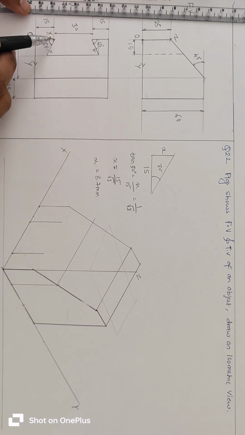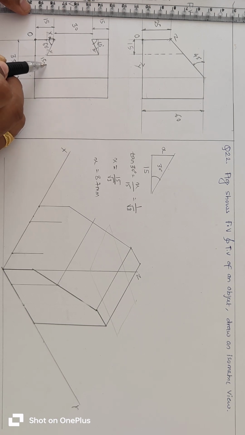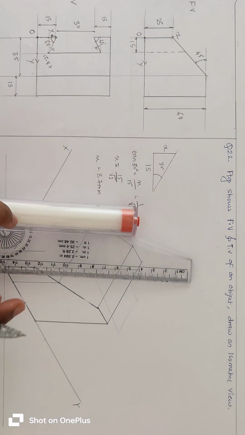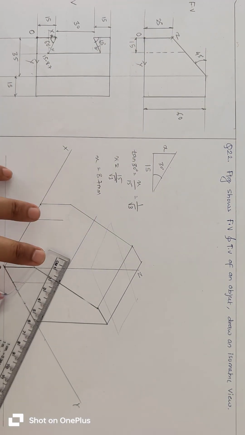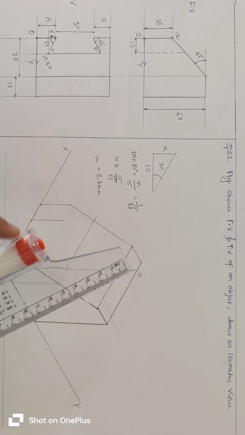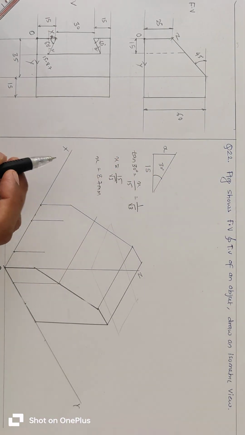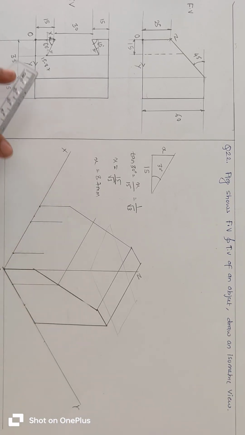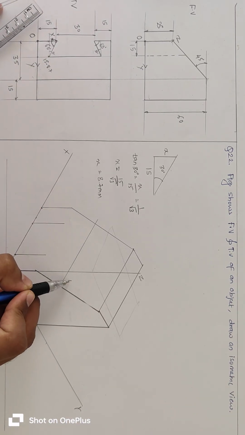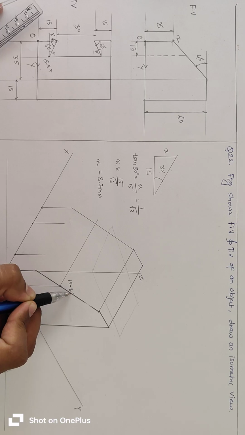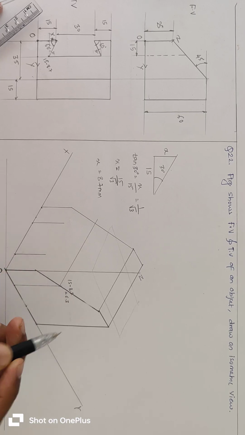The total is 15. So 15 minus 8.7 is this distance. So we have to mark this point 15 minus 8.7, which is equal to 6.3.